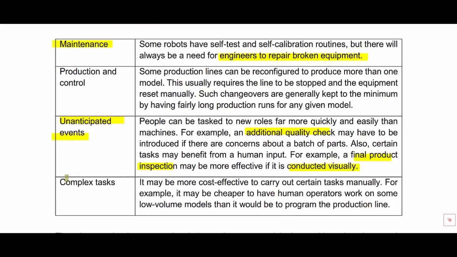And then for complex tasks as well, it might actually be more cost effective to carry out certain tasks manually. And where that would be the case would be with low volume models. And you think there about sports cars, high-end luxury sports cars.